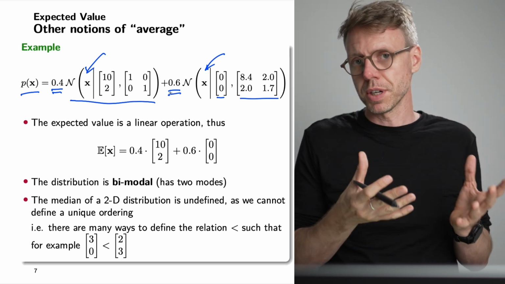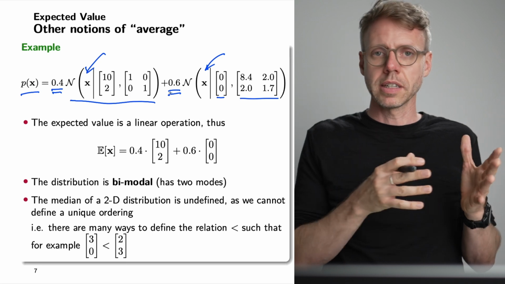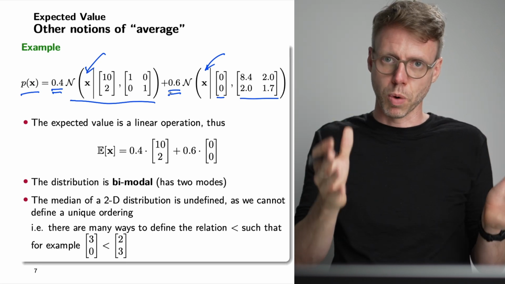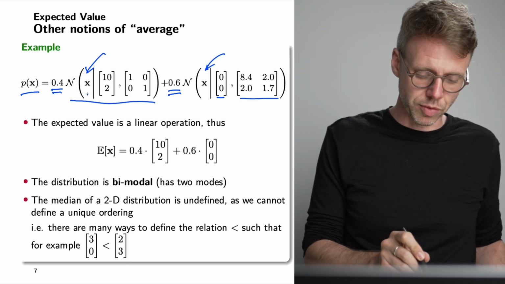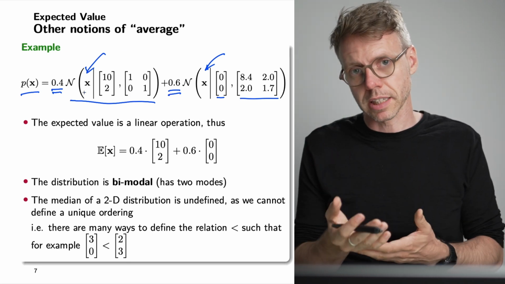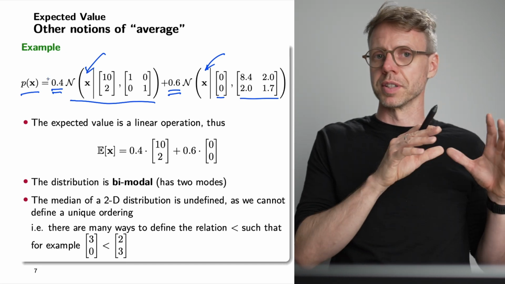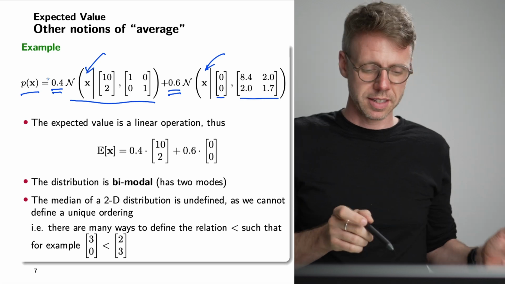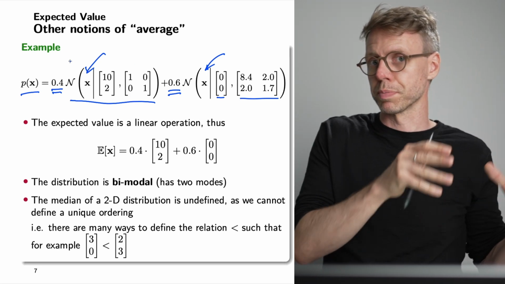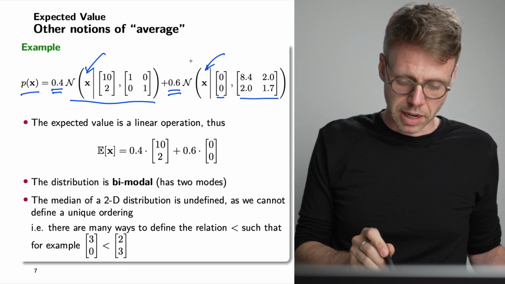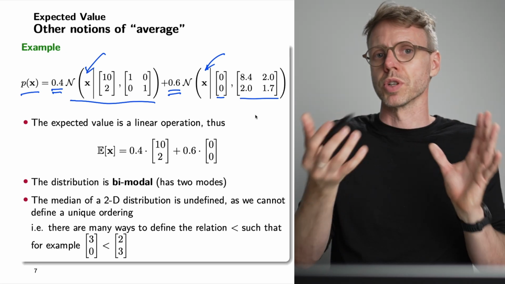So both of these are normal distributions, so they themselves are normalized, so they integrate up to 1. So the integral of this normal distribution over the whole range of the possible x values would be 1. Now we're multiplying that with 0.4. So that means that the integral of this first component would be 0.4. And similarly, the second component is also a bivariate normal distribution, which is normalized.